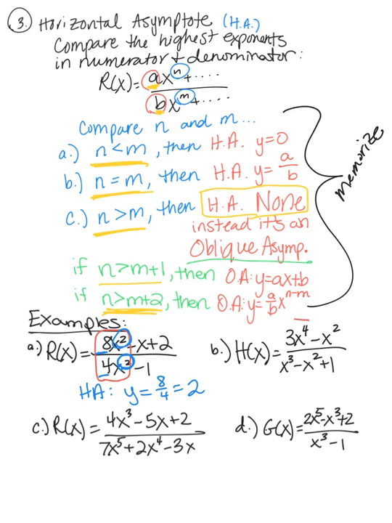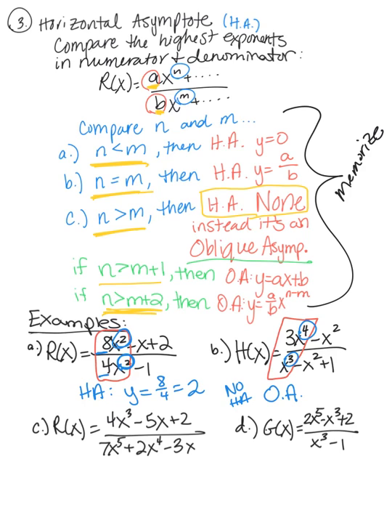Again, I focus only on those lead coefficients and that leading term there. So I compare. I've got 4, which is greater than 3. So this leads me to say, okay, well, there is no horizontal asymptote. Instead, I'm going to have an oblique asymptote.